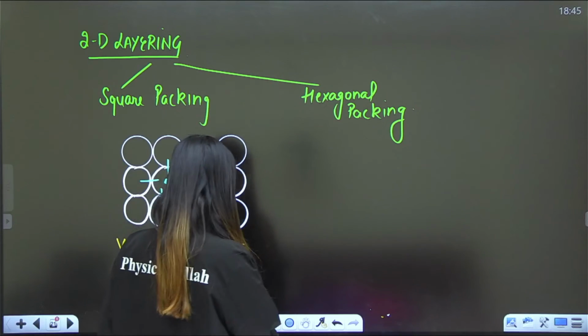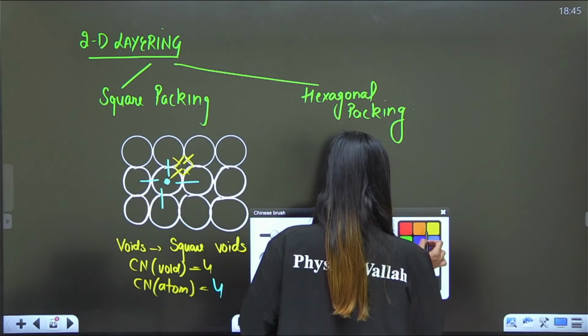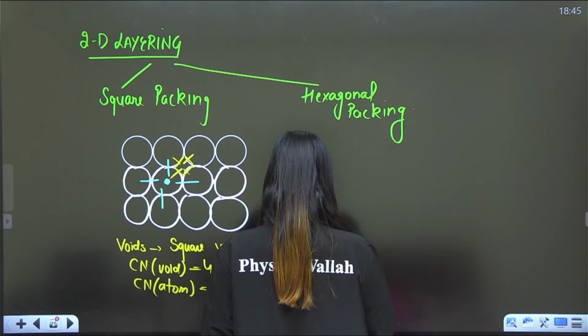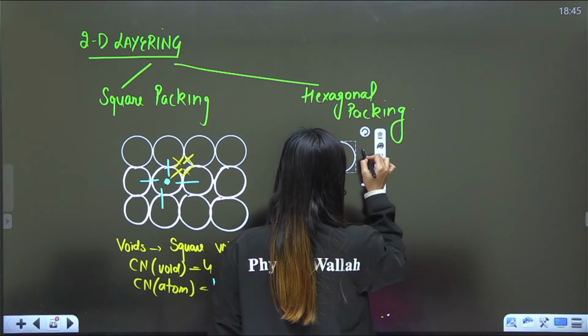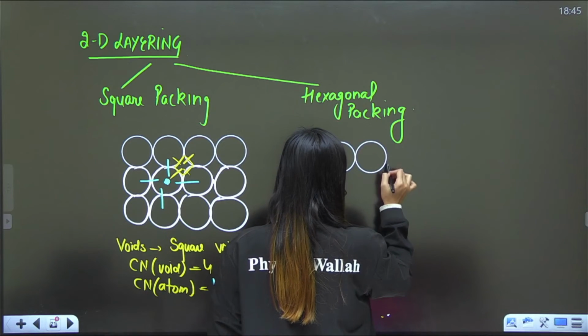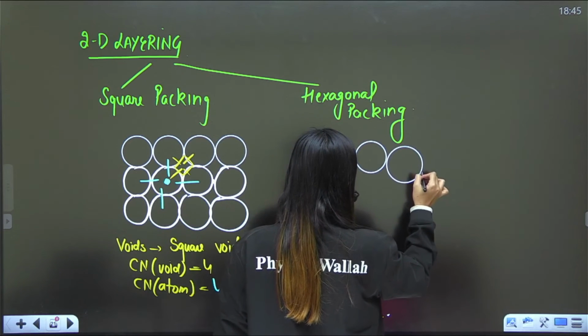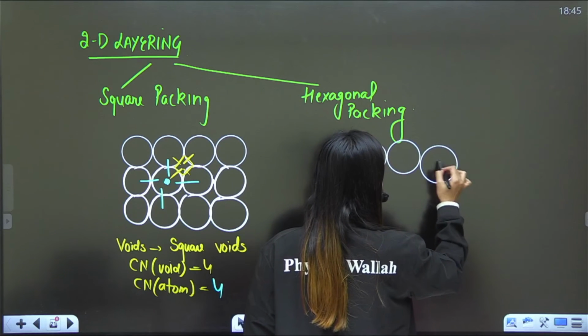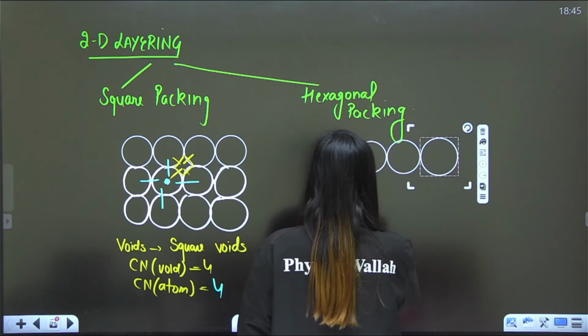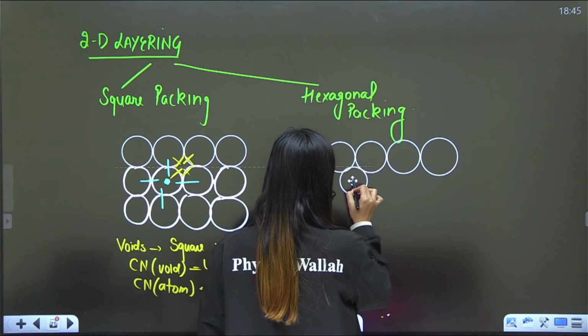Now if we talk about the hexagonal packing here, my dear students, I'll have to draw this again. You will have one atom. You will have another atom, another atom, then you will have another atom. Okay, similarly you will have atoms like this.